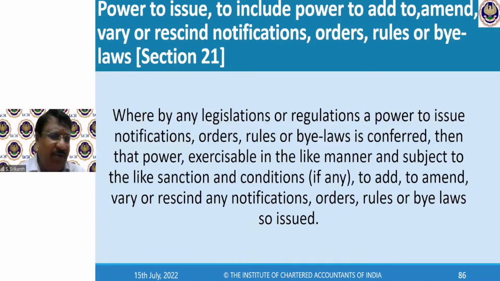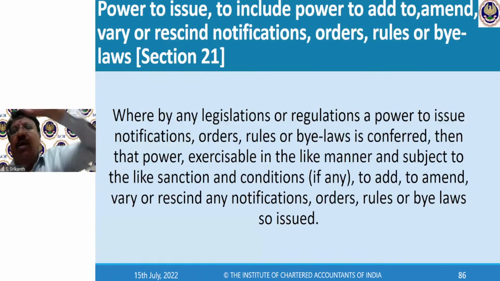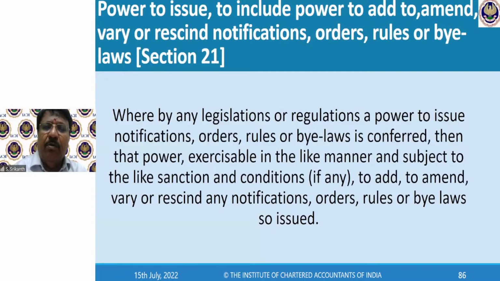For example, I'll give a simple example, you will understand it. Suppose an order can be issued by the regional director. Okay. But in case, suppose the amount involved or the net worth or the total amount involved would exceed 2 crores, then he will have to get the approval of the central government.